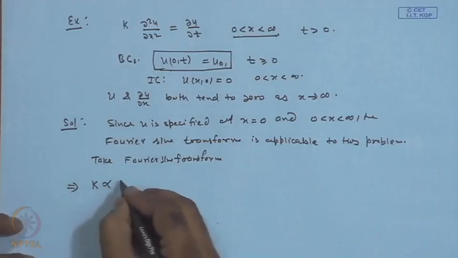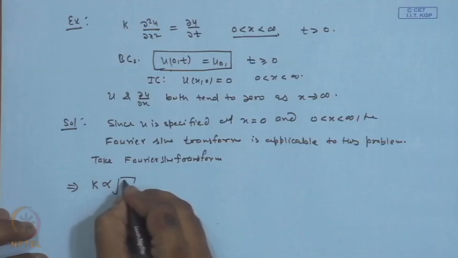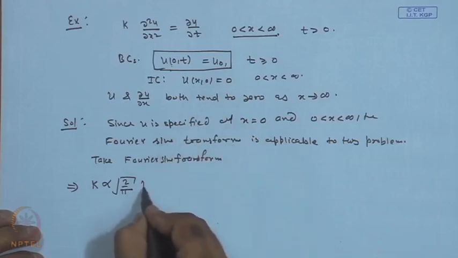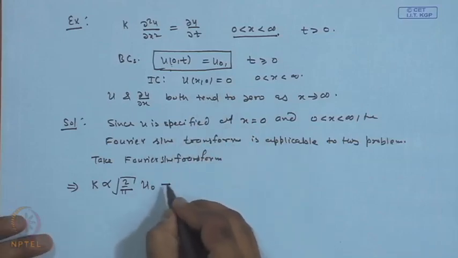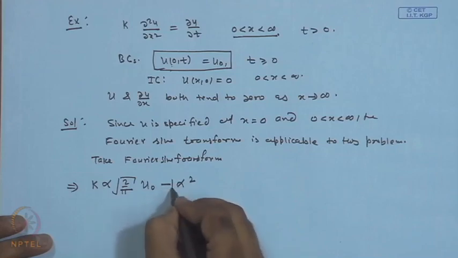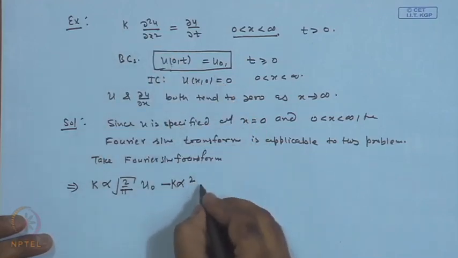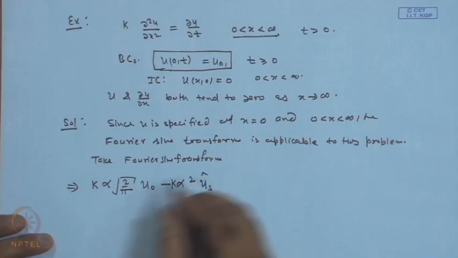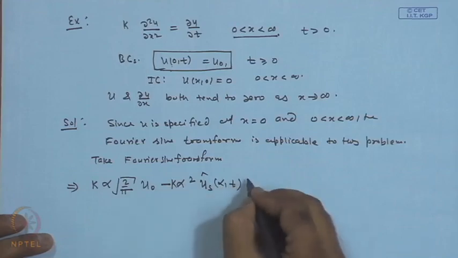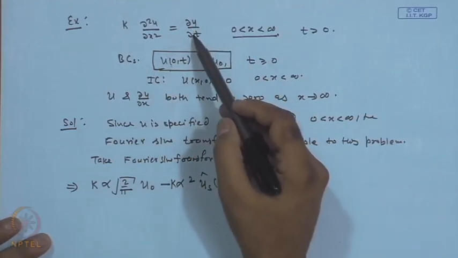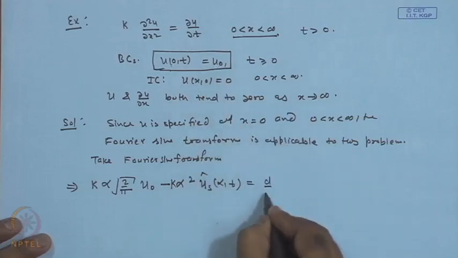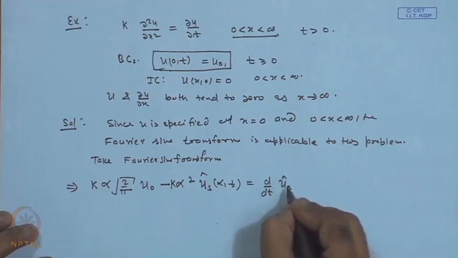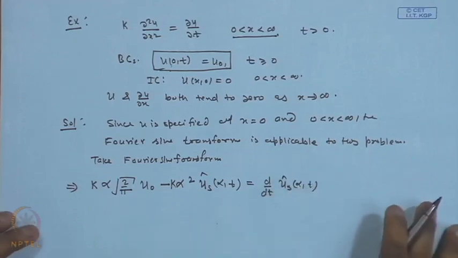So, we have alpha and square root 2 over pi, the function value at 0, that is u0, it is given, minus alpha square, and k is there already. So, k alpha square and the Fourier sine transform of u. And the right hand side we have with respect to t. So, this differentiation will remain as it is, and we have the sine transform of u.